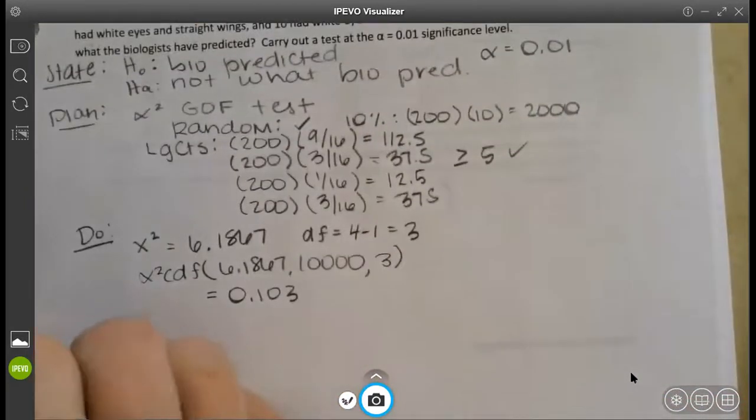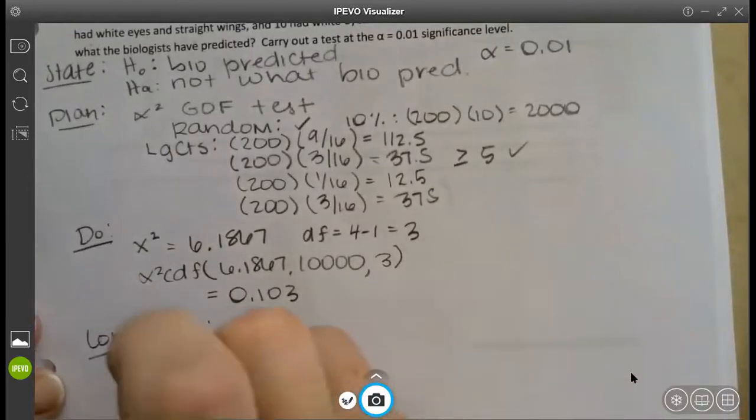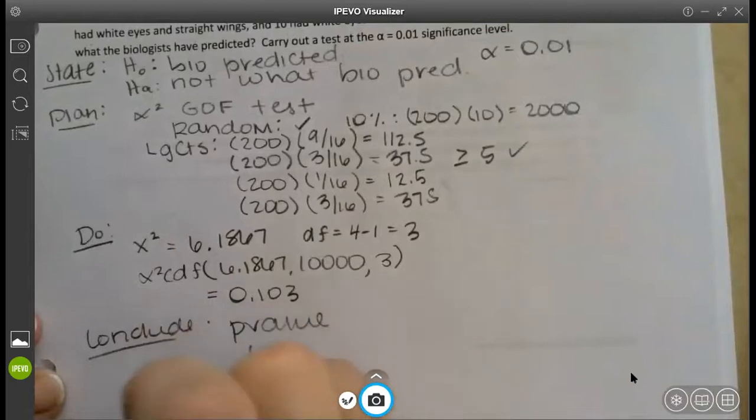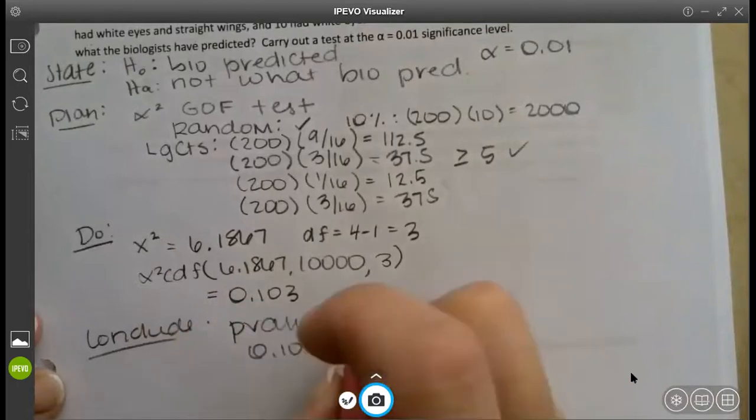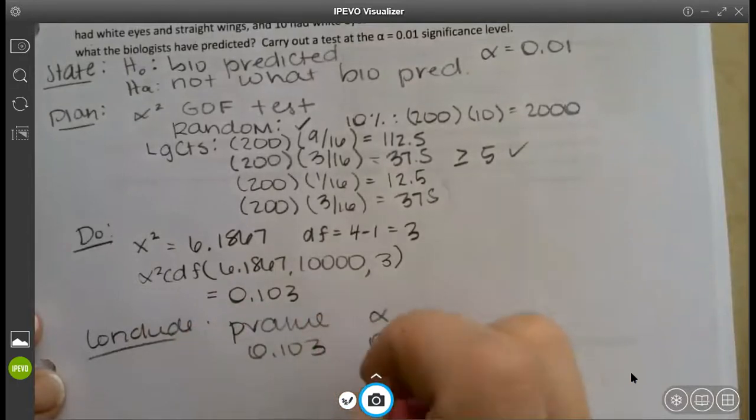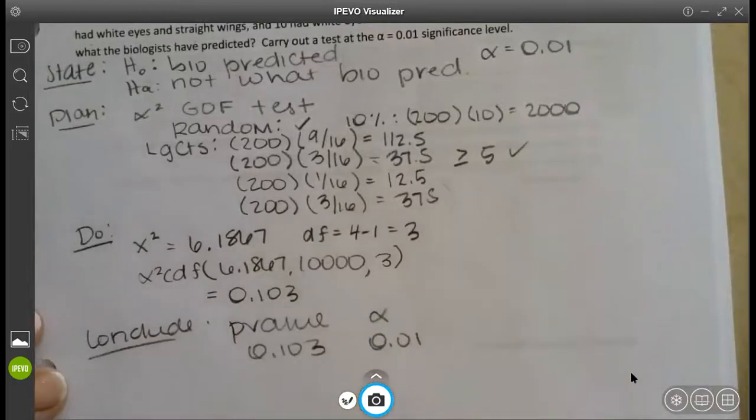Then we conclude. And what do we conclude? Our p-value of 0.103 is what compared to our alpha? Greater than.